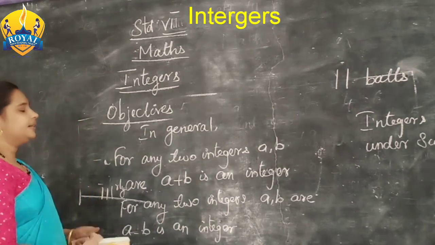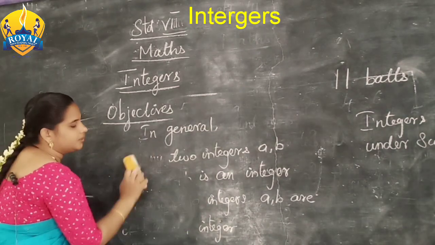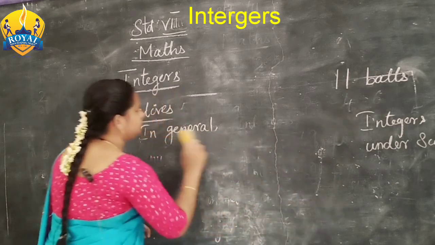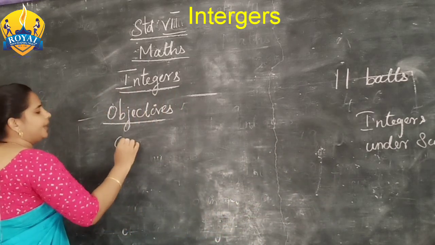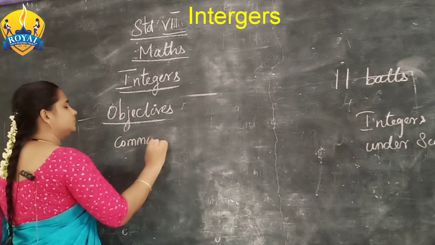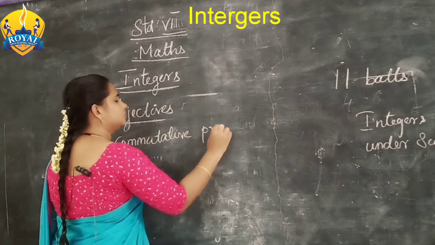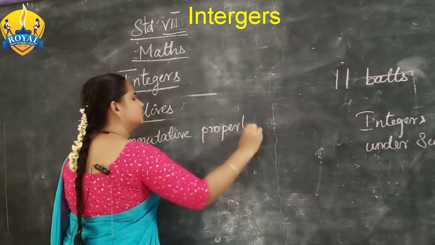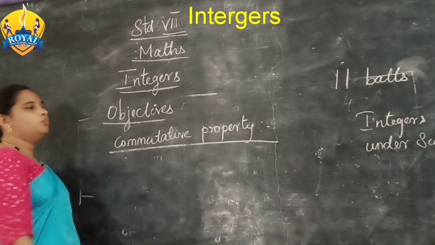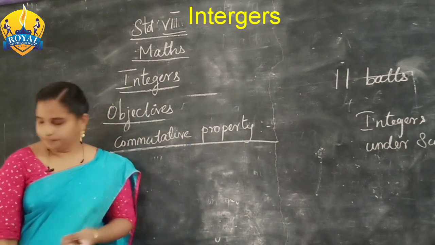Okay. Now, let us see another property. That is the commutative property.